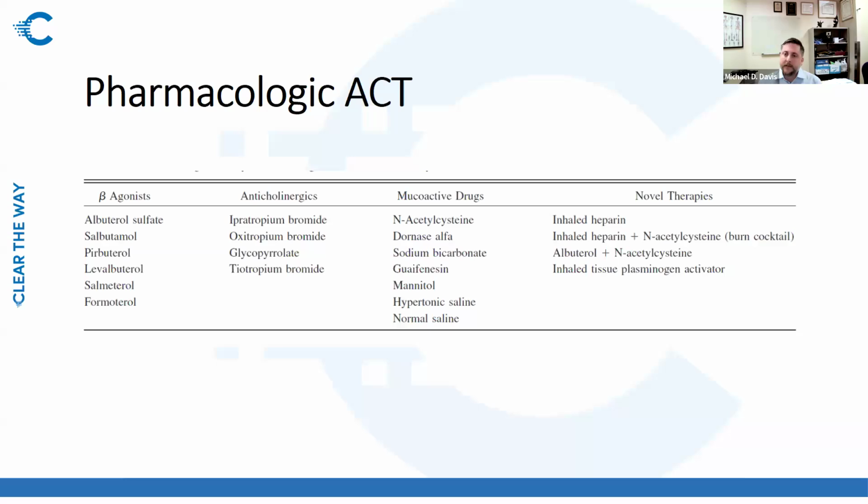The second column there, the anticholinergics, not only can help open the airways up, but they also dry out the airways. And so in theory they can change the way the mucus is moving around. We then have these mucoactive drugs, which are just what they sound like. They're drugs that actually target the mucus as opposed to targeting your airways. They target the mucus that's in the patient's airways.